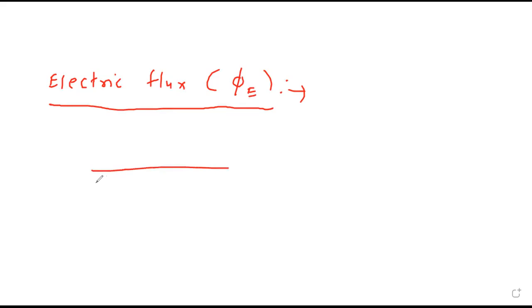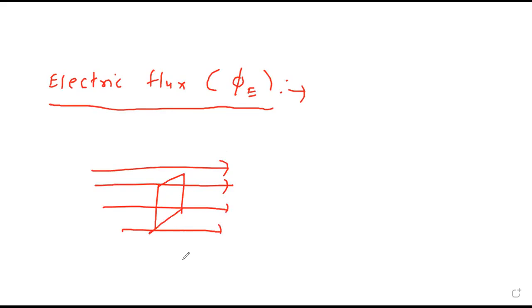Suppose this is electric field. Here I place one surface. How many lines are passing through this surface? 1, 2, 3. Then electric flux is 3.